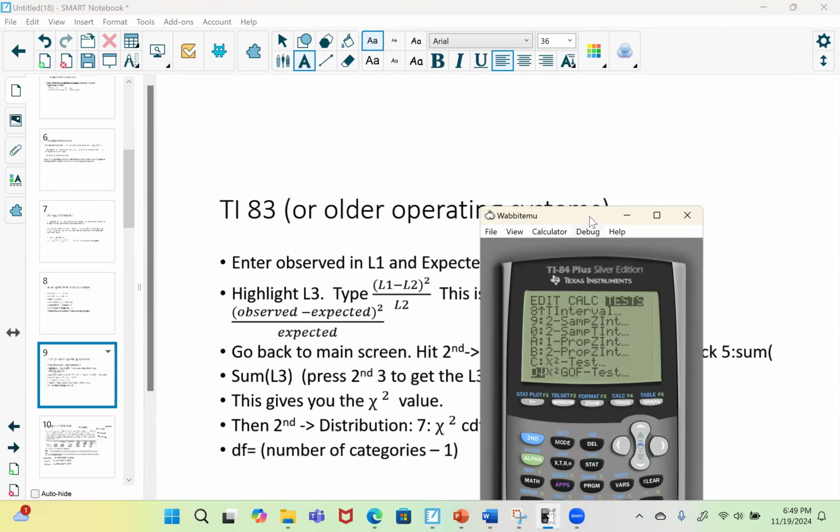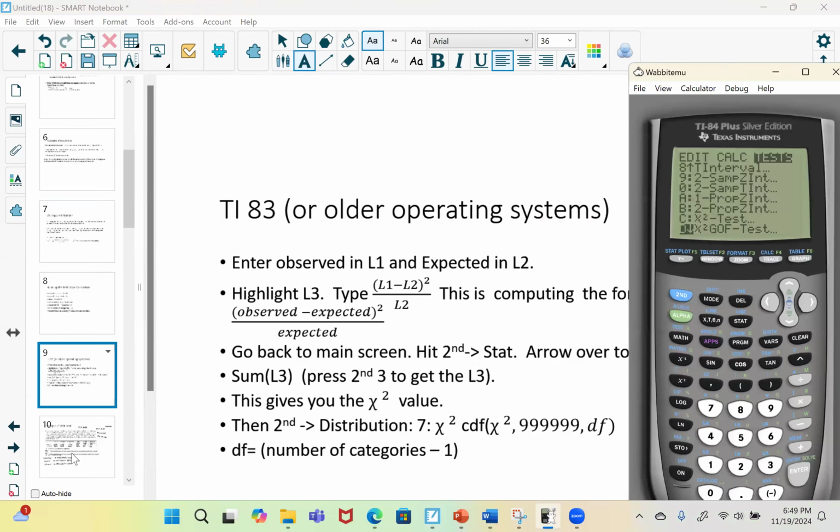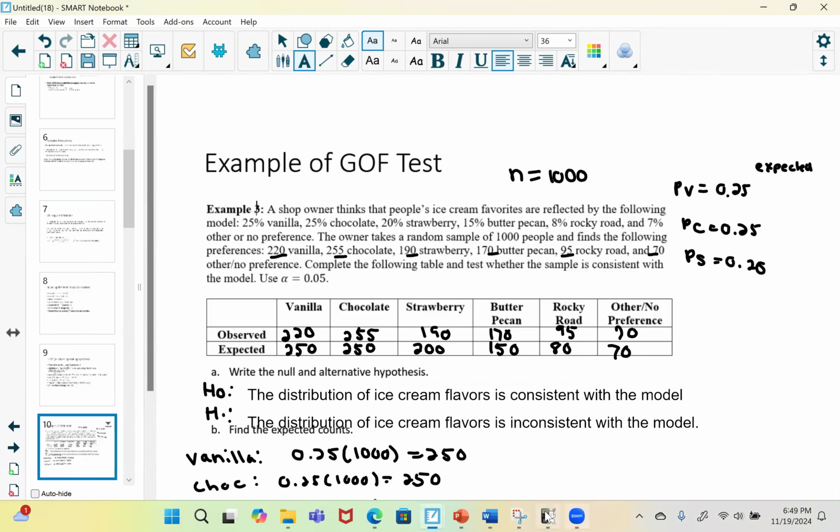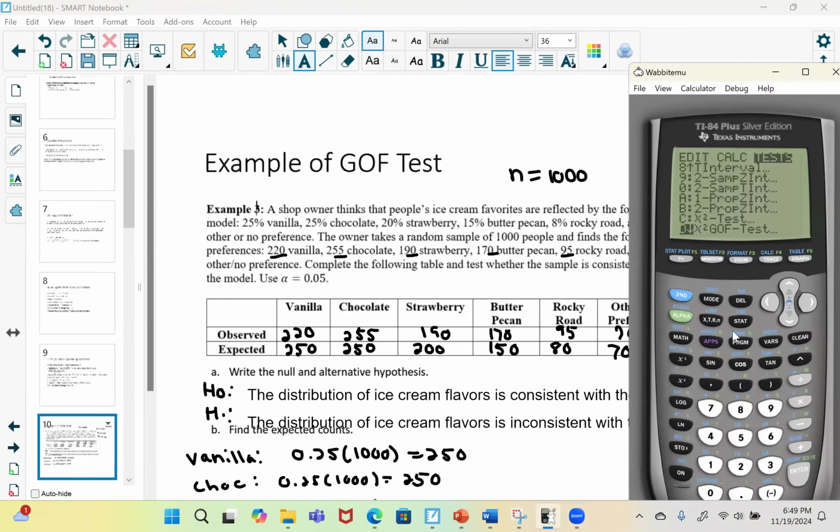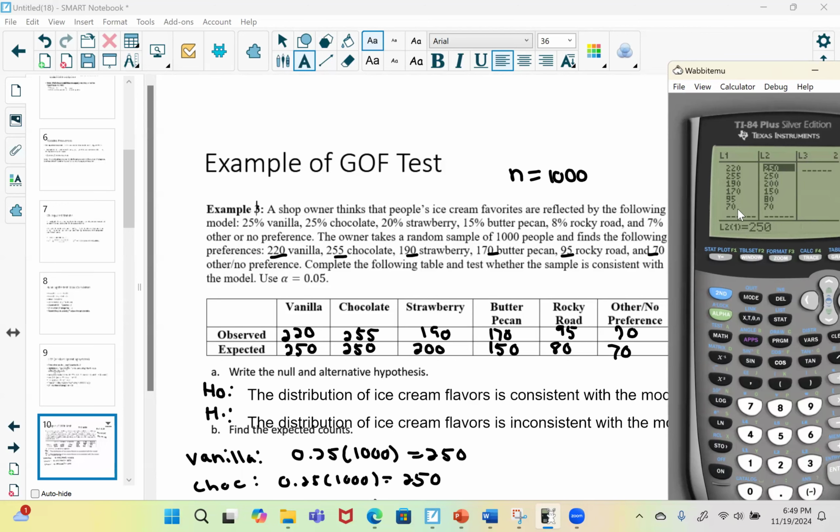So the first thing is you need to enter your observed into L1 and your expected into L2. So you're going to go to stat edit, and I already have it in, so you need to pause and put it in. Put your observed in L1 and your expected in L2.